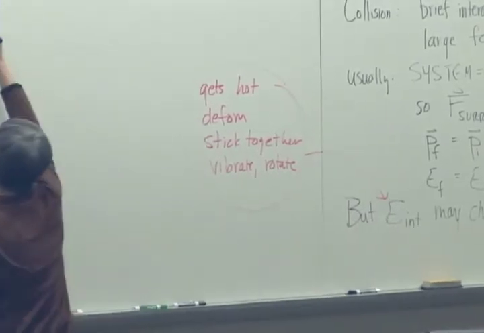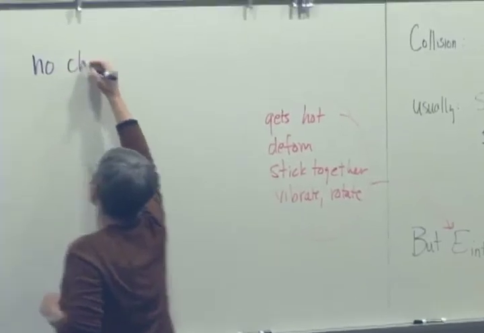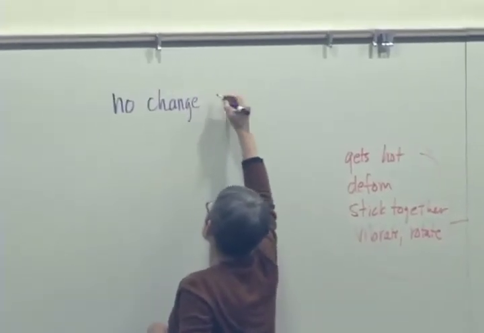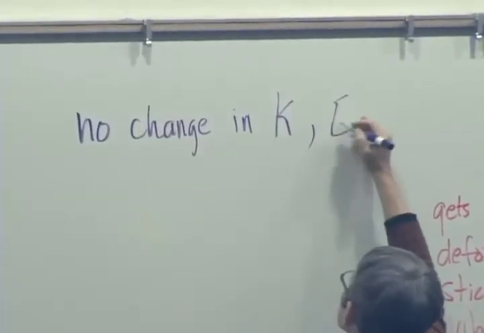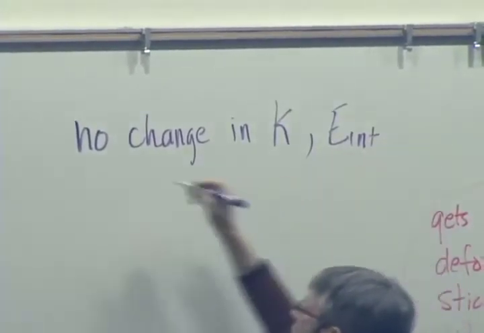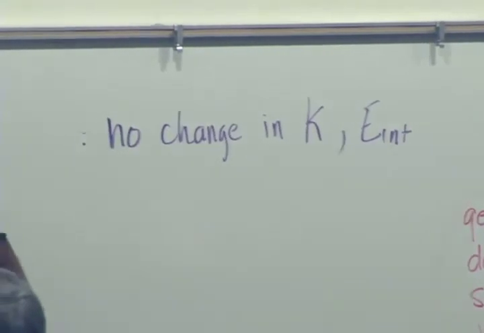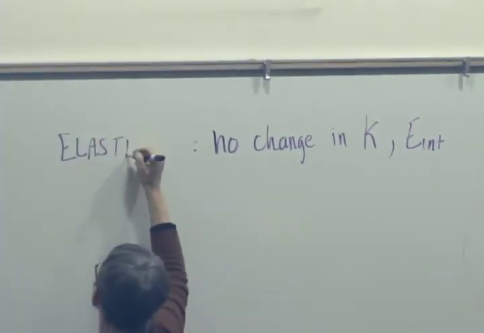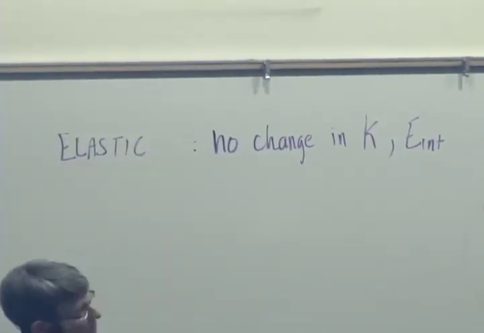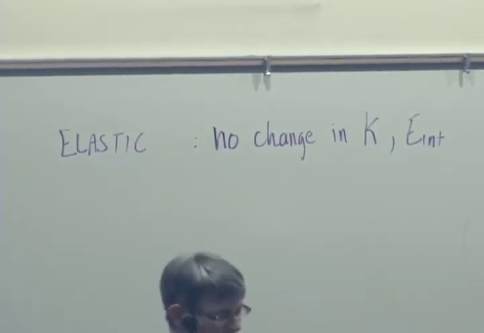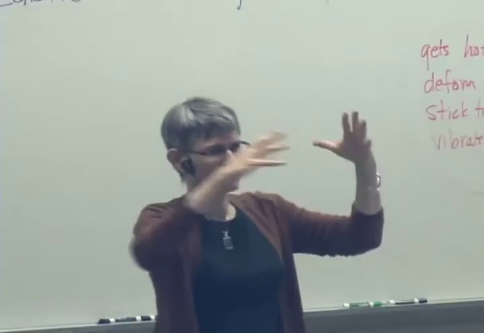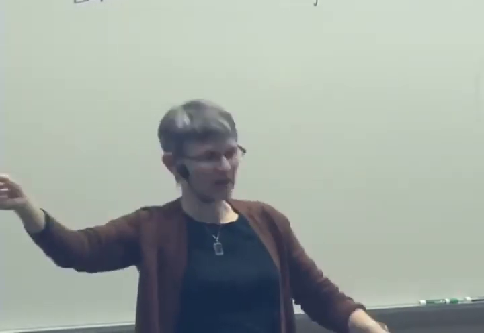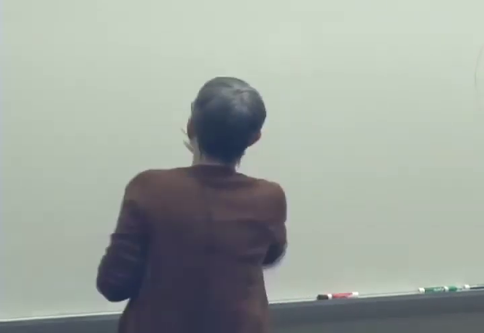So if there's no change in the total kinetic energy and internal energy, we call this elastic. And we're talking between final and initial. So if you throw a tennis ball at a wall, it compresses when it hits the wall, but then it expands back out and may rebound with almost the same speed it had going in.